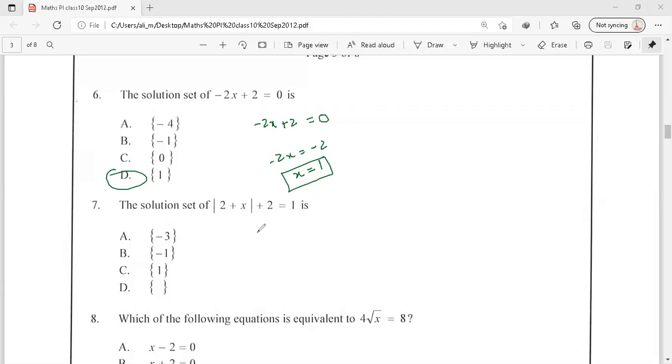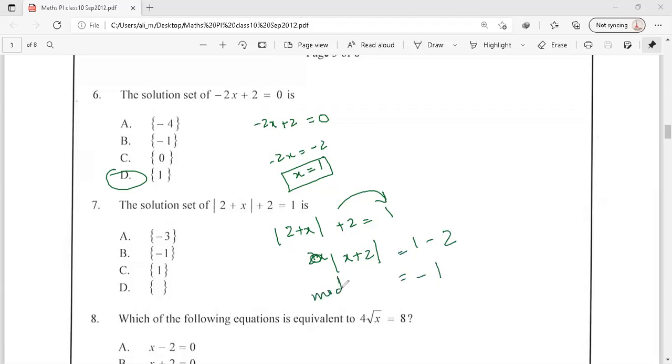Then we have a modulus equation in question number 7. Modulus of x plus 2, plus 2 equals 1. So let's move this to the right side of the equation. So modulus of x plus 2 is equal to 1 minus 2, that is equal to minus 1.